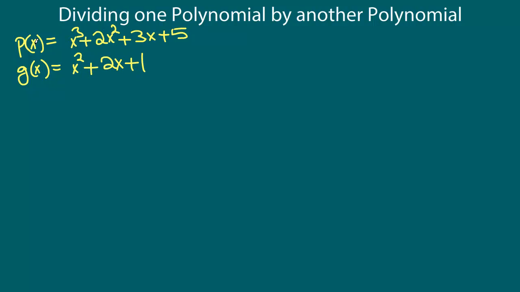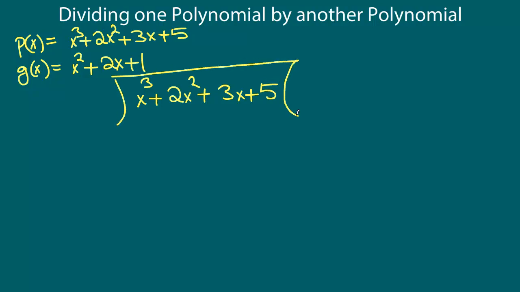So we are dividing p(x) by g(x). As you can see, both polynomials are already written in standard form. So let's write the polynomials over here. We have x cubed plus 2x squared plus 3x plus 5. This is our dividend polynomial, and our divisor is x squared plus 2x plus 1.